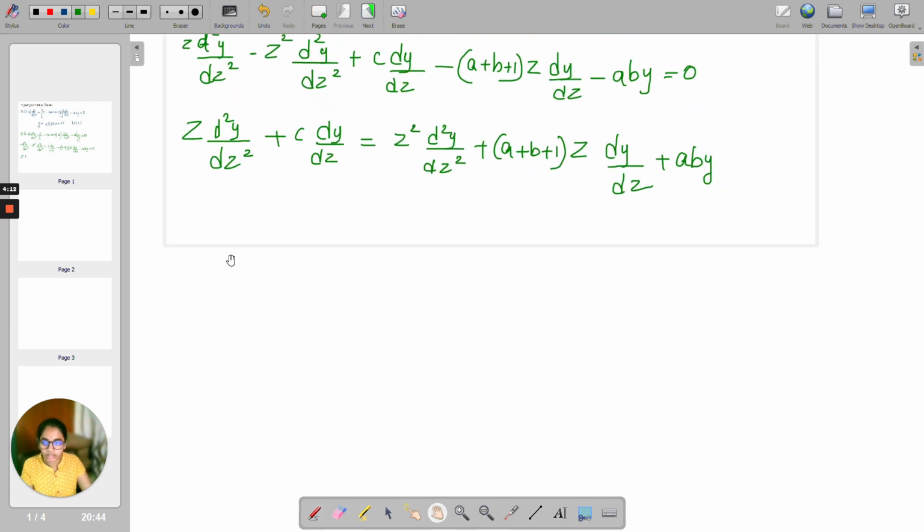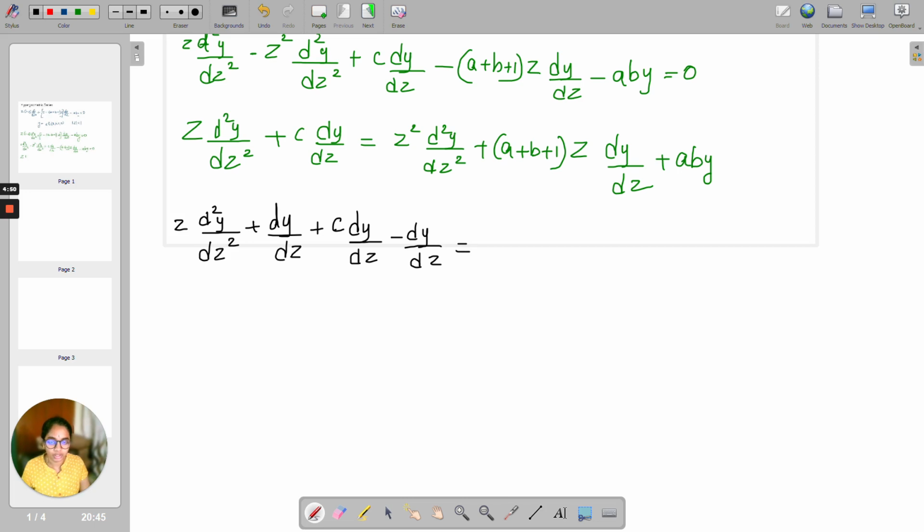Now on the LHS you add and subtract dy by dz, so z d square y by dz square, add dy by dz, plus c dy by dz minus dy by dz.